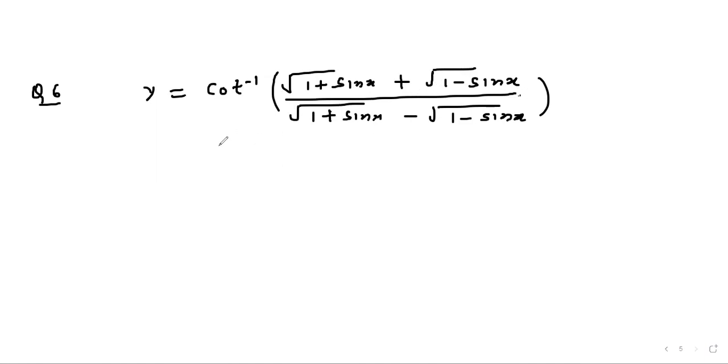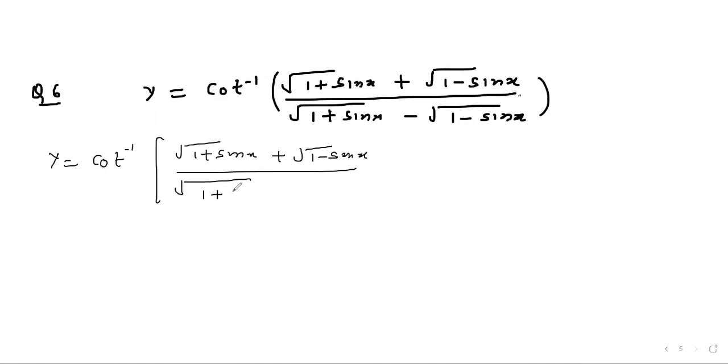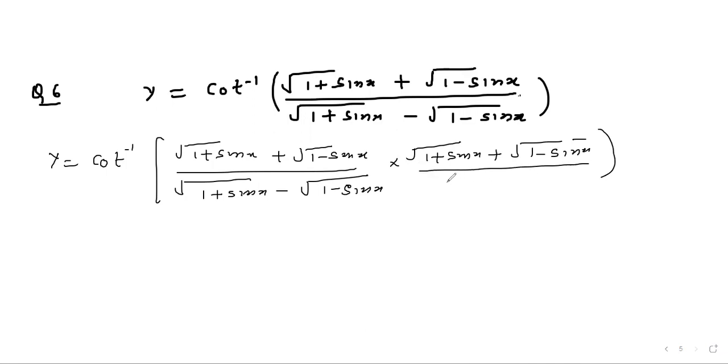visualize this term. So for that purpose, we write it cot inverse (root 1 plus sine x plus root 1 minus sine x) divided by (root 1 plus sine x minus root 1 minus sine x), times (root 1 plus sine x plus root 1 minus sine x) divided by (root 1 plus sine x plus root 1 minus sine x).